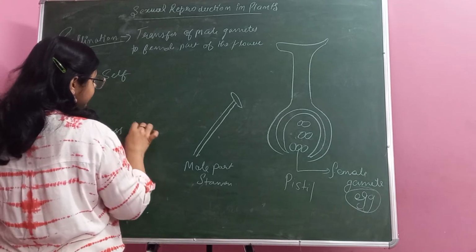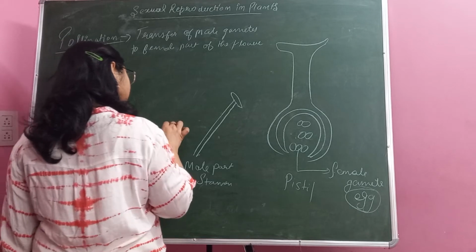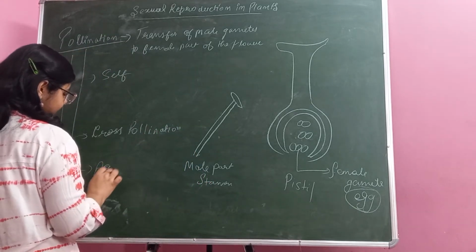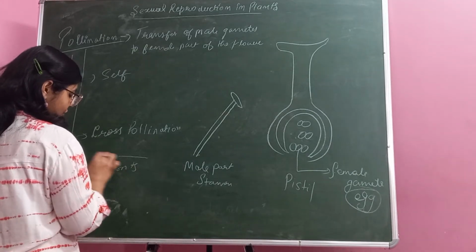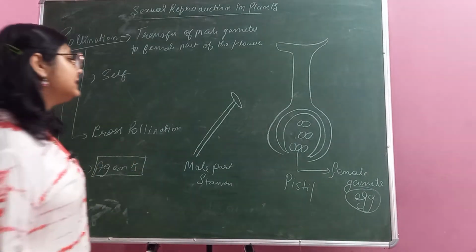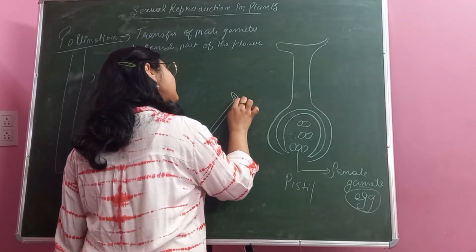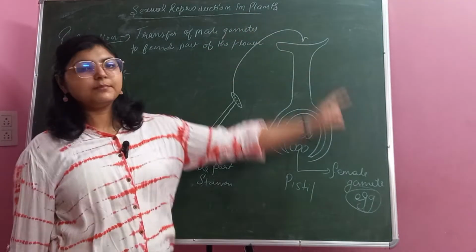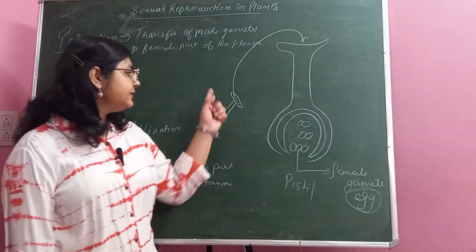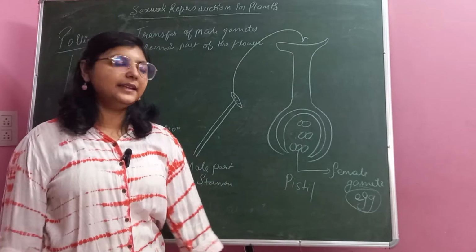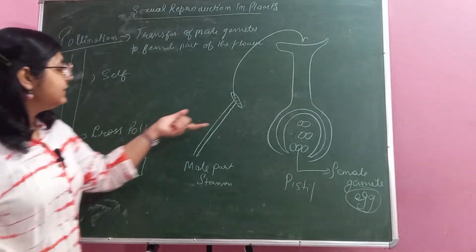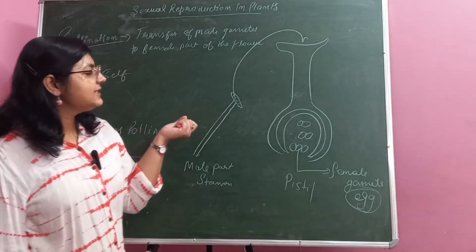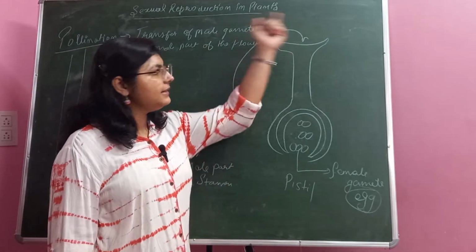And how this pollination takes place? So there are some agents who help in transferring the pollen grains from male part to the female part. मेल से फीमेल तक पहुंचने के लिए क्या करते हैं? There is some agent, कुछ agent present होता है, and that agent supplies the male gamete from here to here.